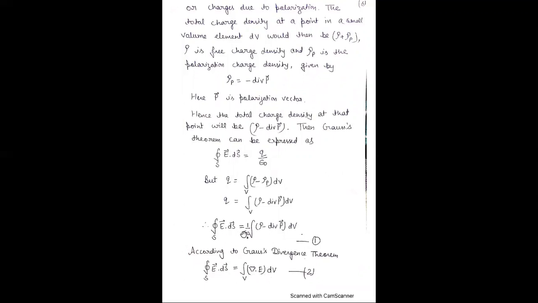But E dot ds is also equal to the previous expression, so del dot E dV equals 1 by epsilon naught times rho minus divergence of the polarization vector, dV. Multiplying by epsilon naught, the volume integral of epsilon naught del dot E dV equals the volume integral of rho minus divergence of P dV.